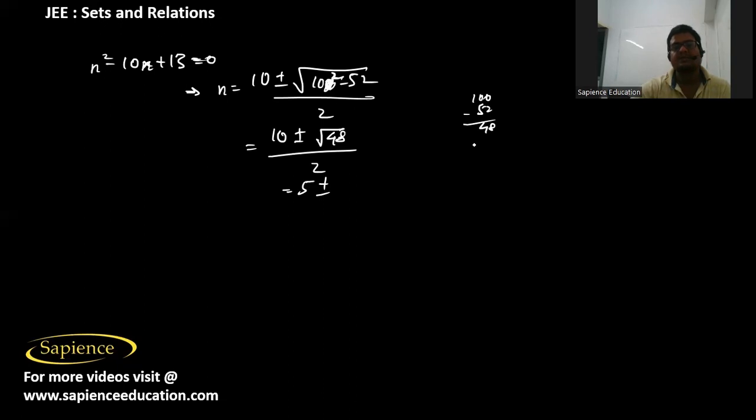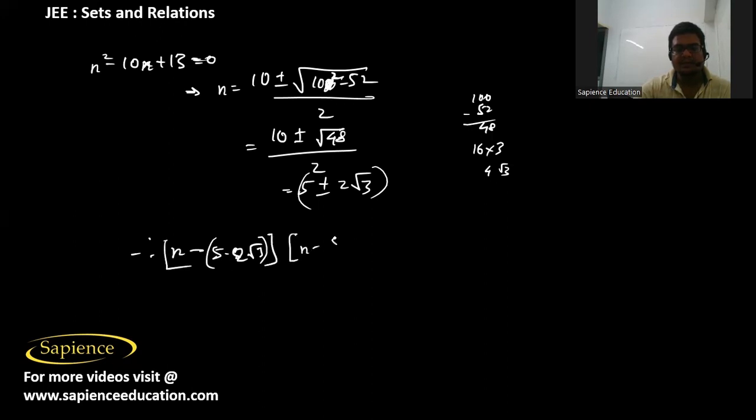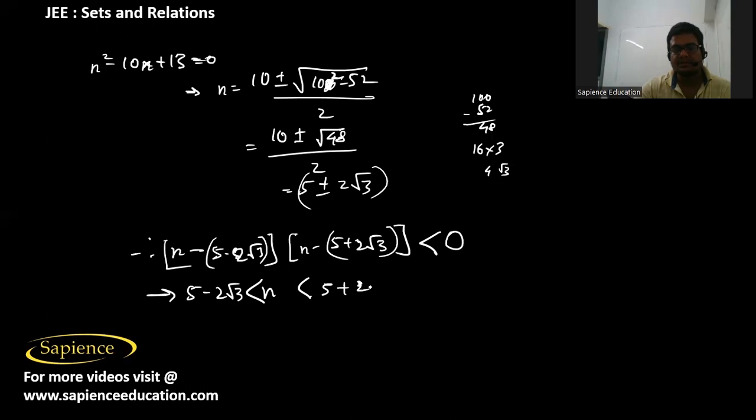So this is 16 3s are 48, so this is 4√3, 4√3 by 2, that is 2√3. So 5 ± 2√3. Therefore these are the two factors, which are (n - (5 - 2√3)) into (n - (5 + 2√3)), that is less than 0. It means n should be more than 5 - 2√3 and less than 5 + 2√3.